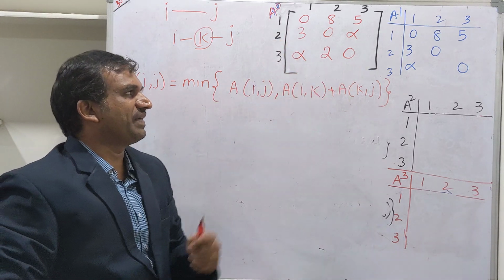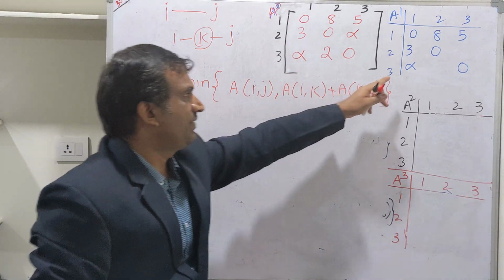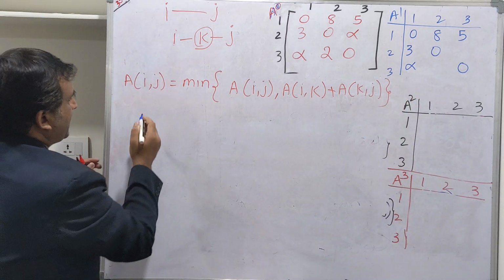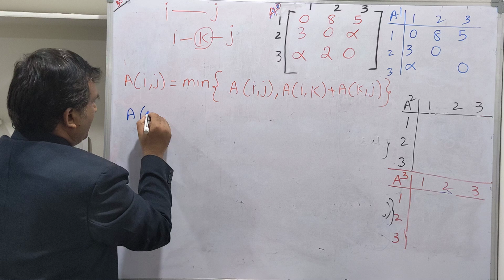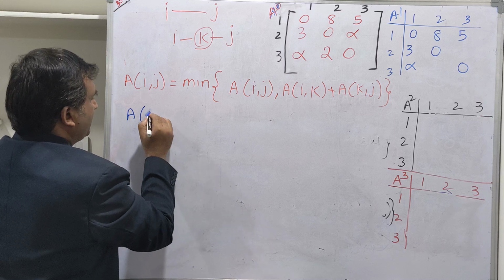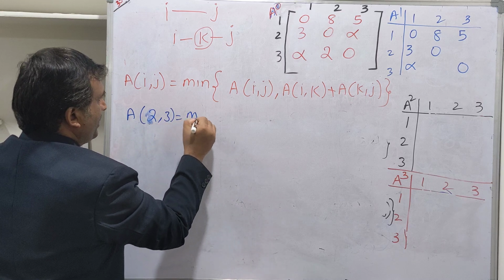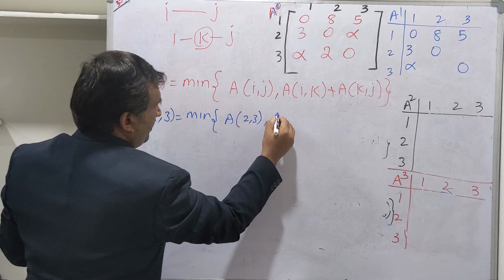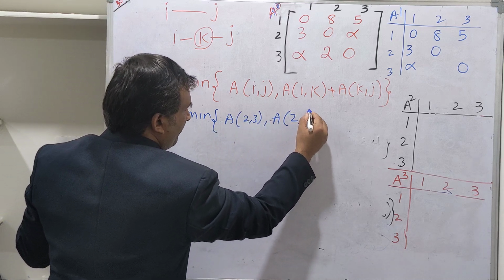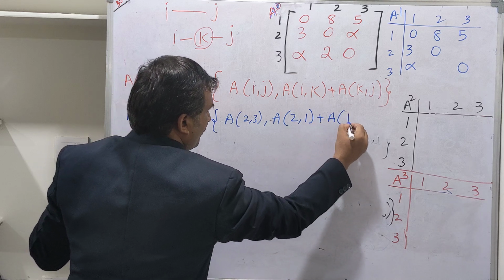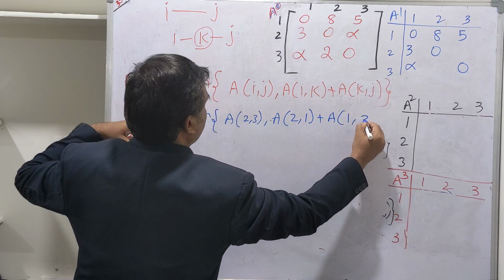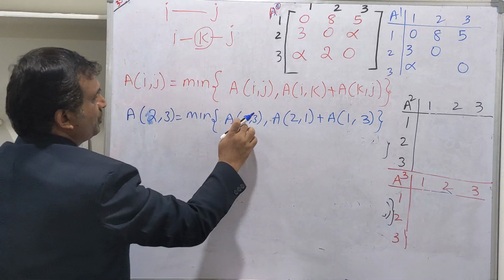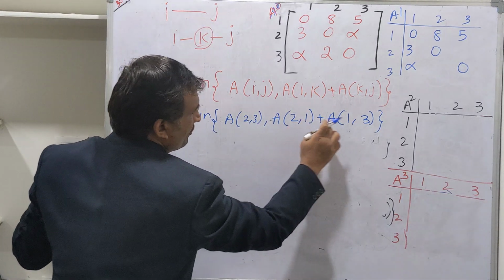Now the remaining places you have to check. So what are the remaining places here? If you observe, 2,3 and 3,2. Now let us start calculating this. A of 2,3 is equal to minimum of A of 2,3, and A of 2,1 plus A of 1,3. That means instead of traveling from 2 to 3 directly, we want to travel from 2 to 1 and 1 to 3.